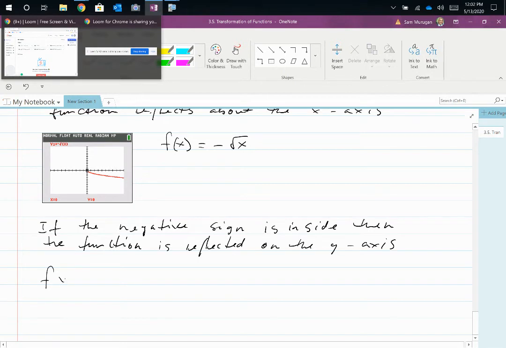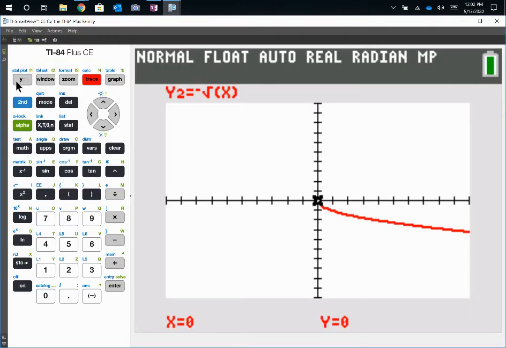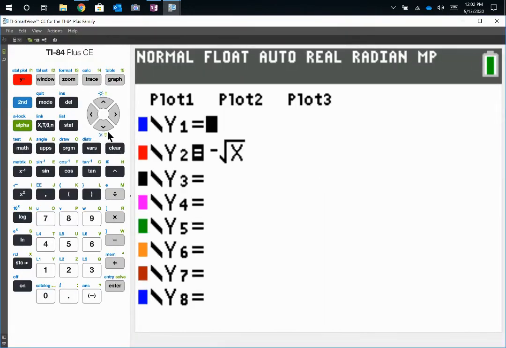So for example, f of x is equal to square root of negative x, we would expect to see a reflection on the y-axis, yes? All right, let's go ahead and see if that is true, okay?